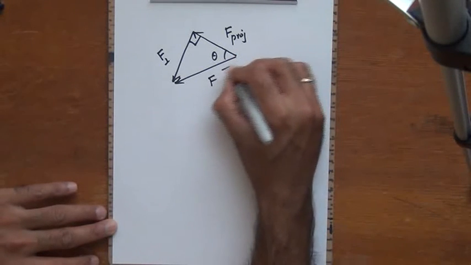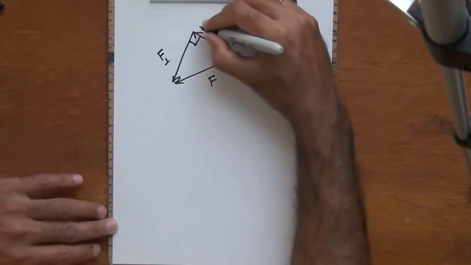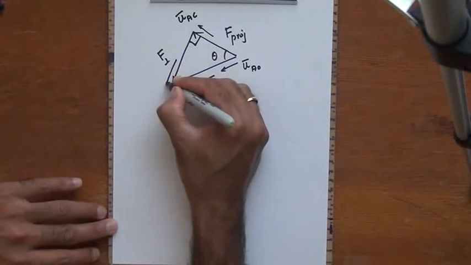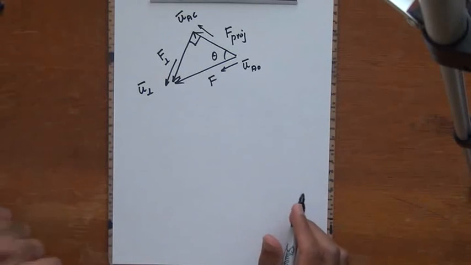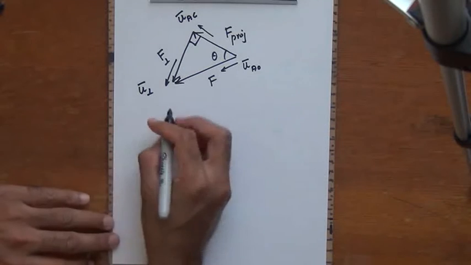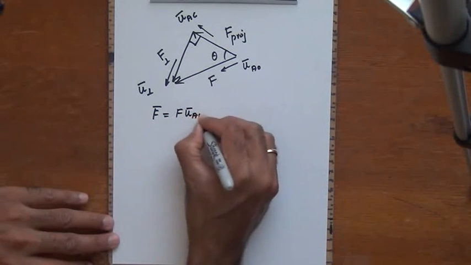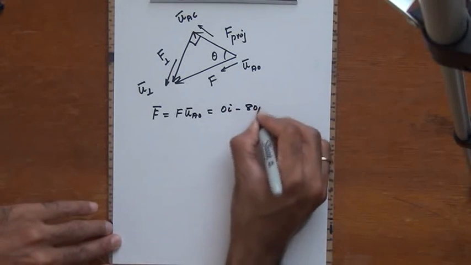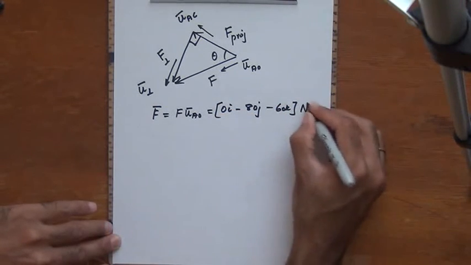I know that the unit vector along this line was UAO, the unit vector along that particular line was UAC, and then the unit vector along that particular line was U perpendicular. Alright, so the first thing is, I already have the force vector F written in terms of its Cartesian components, and this we had was F times UAO. We had all the details given to us before. So this was 0I minus 80J minus 60K, so many newtons.